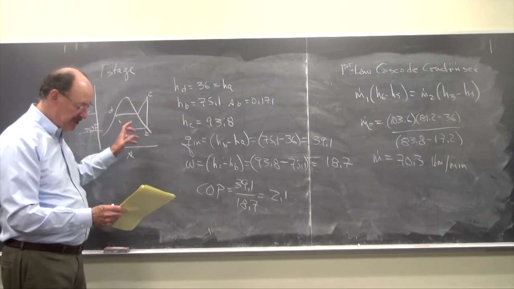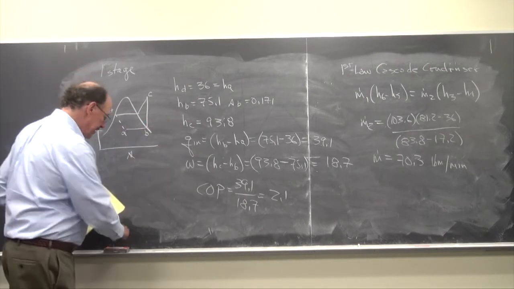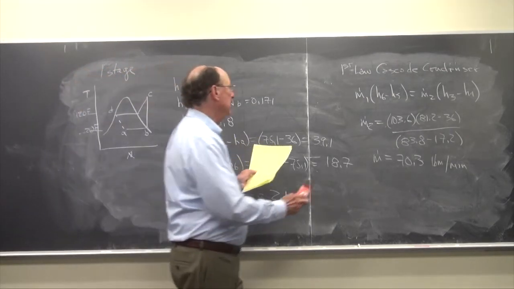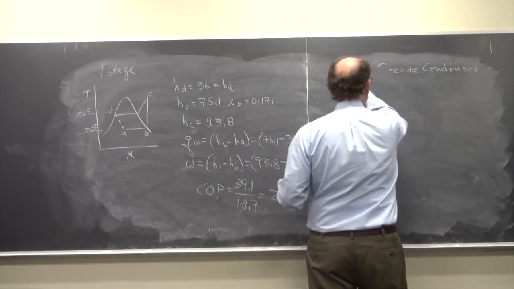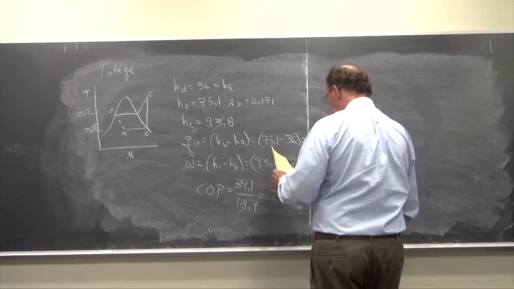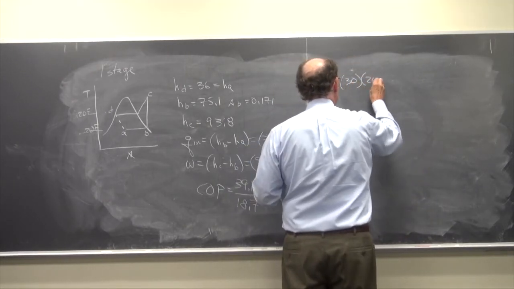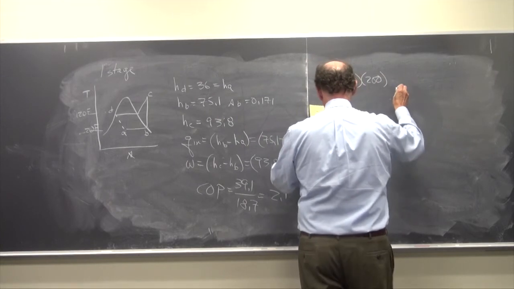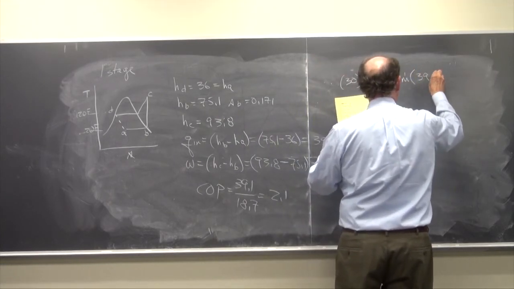the lack of efficiency, the reduced QN per unit mass. And if I look at the mass flow rate, at 30 times 200 BTUs per minute per ton is equal to m dot times QN, now it's 31.1.